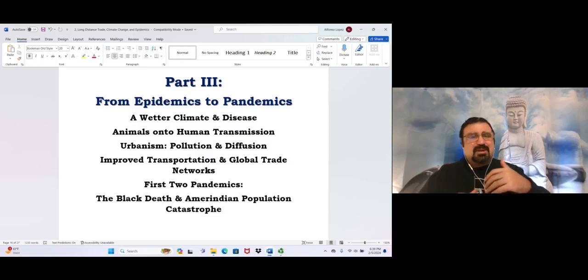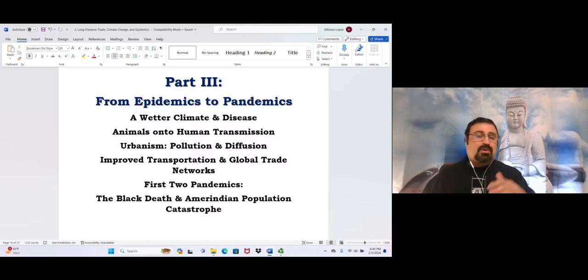Once we started looking at, for example, in the first session of this topic, the global trade networks tying societies together in different parts of the globe, with improved transportation systems as well, particularly navigation, what we're going to see is that this international commerce that is on the rise leading up to the 1500s was also responsible for the rapid spread of epidemic disease, because now, instead of a disease affecting one locality as it had been doing in the past, before 1500, now germs are traveling along the network.